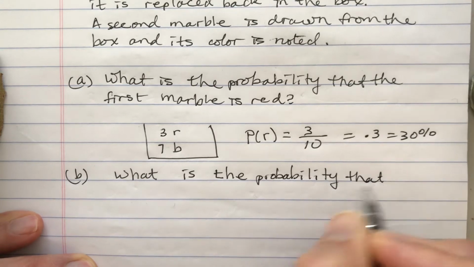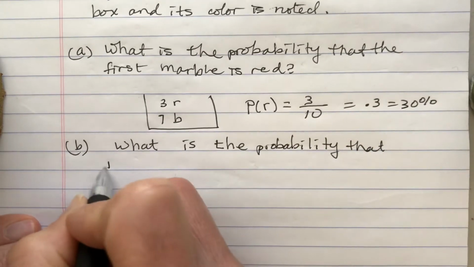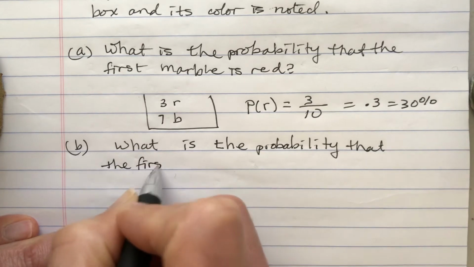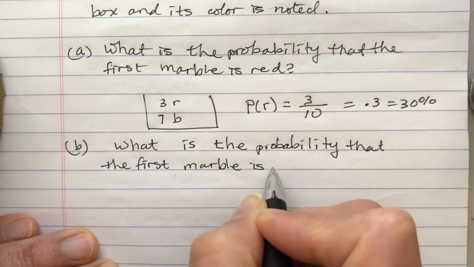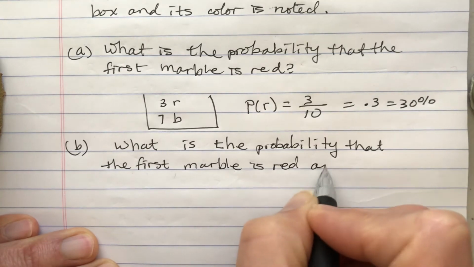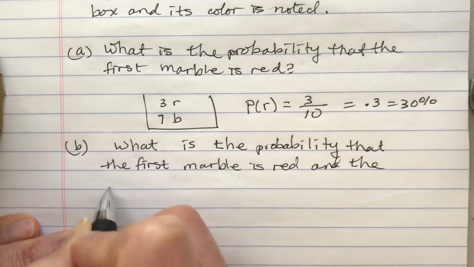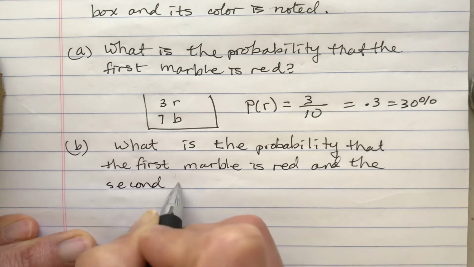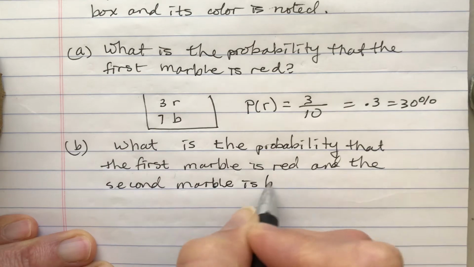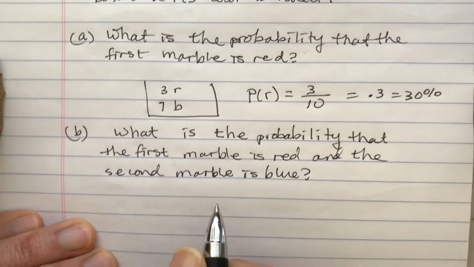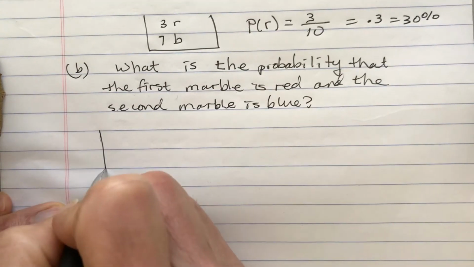What is the probability that the first marble is red and the second marble is blue? Okay, so what we're going to do again is just draw the same box here.